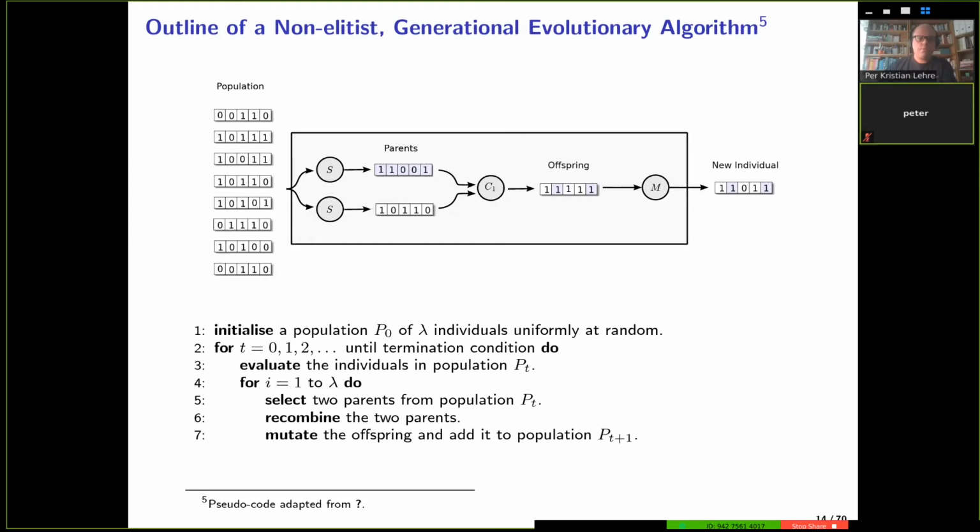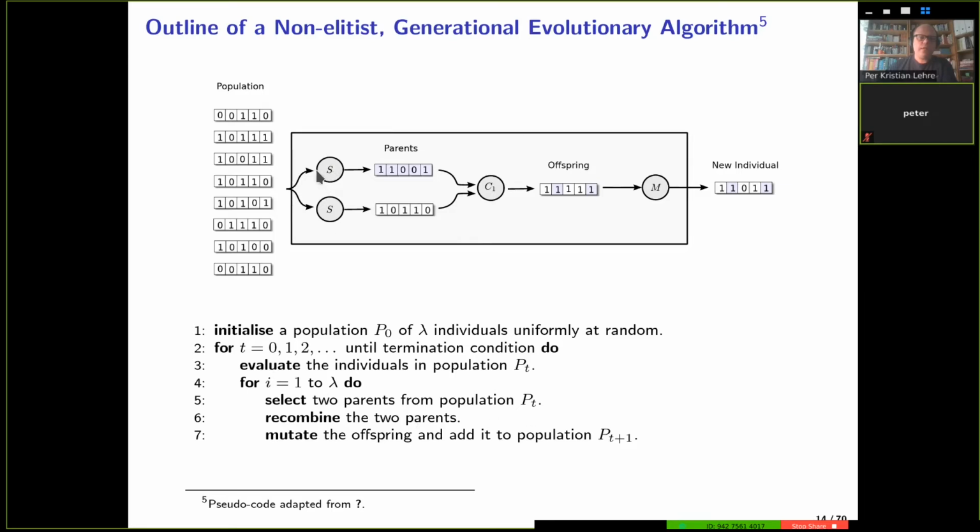So in this algorithm, we have a population of some individuals at some generation t. In each generation, we evaluate the fitness of every individual in the population, and then we do the following lambda times. We select two parents from the population.